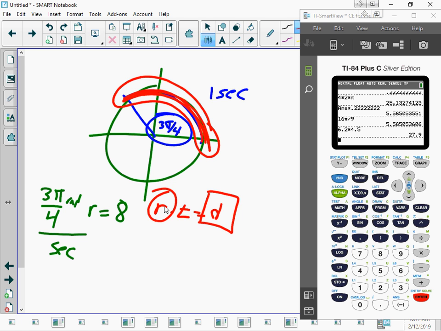That's just the arc length formula. S equals r theta. So you just multiply these together and you get, what's that? This is 107 and 109. Yep, 3 pi over 4 radians times 8.